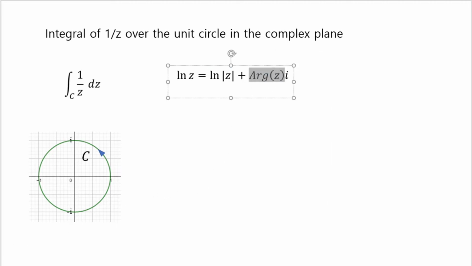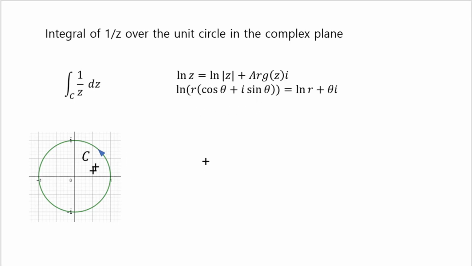So if you have this polar form, where you have some point here whose distance from the origin is r, and this angle is theta, then the logarithm of that is, first, the log of the absolute value, so the absolute value of z becomes r, so you get log of r, and this angle theta is called the argument of z.